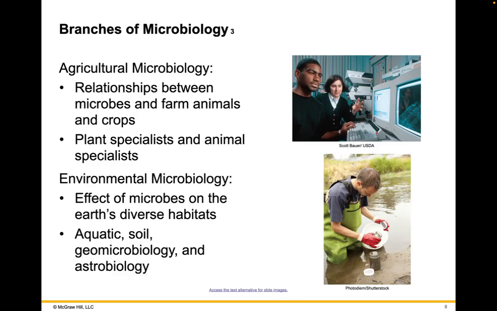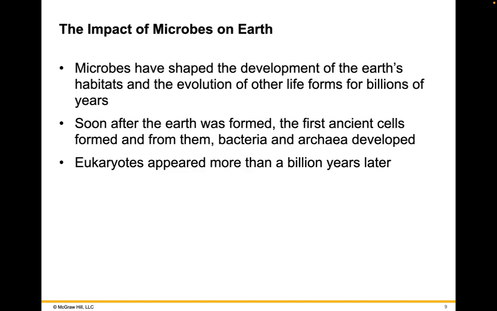Agricultural microbiology looks at the relationship between microbes and farm animals or crops. Environmental biology looks at how the microbes interact with the earth, and we could study soil microbiology or aquatic microbiology, geomicrobiology, so that's in the earth, or even astrobiology.